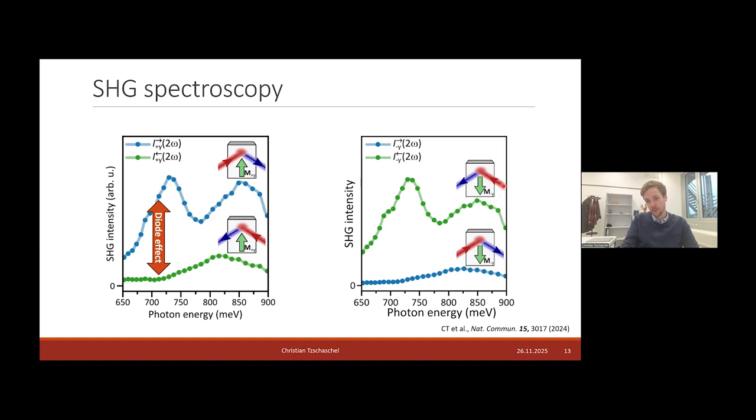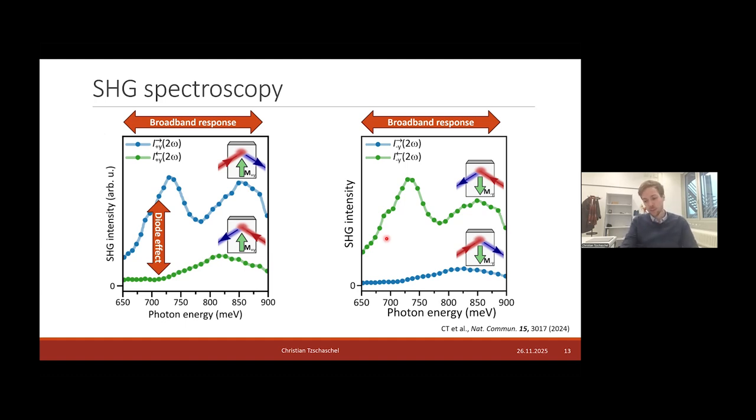So suddenly, in the reverse direction, we have a high SHG response, and in the forward direction, there's always a lower SHG response. So indeed, we get this diode effect, which is essentially just the difference between those two curves over a spectrally very broad range, which is quite unusual.